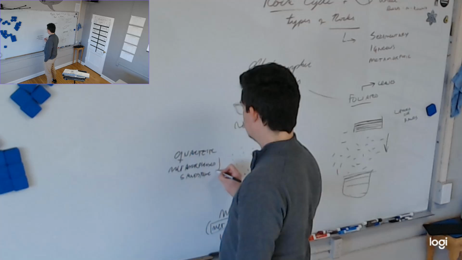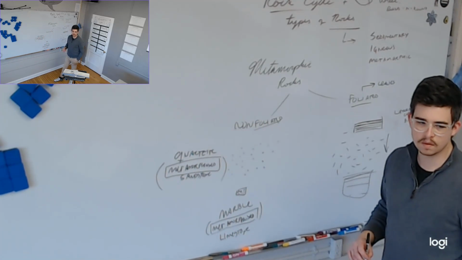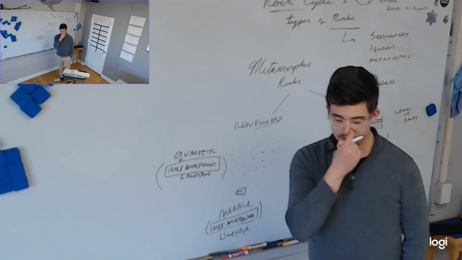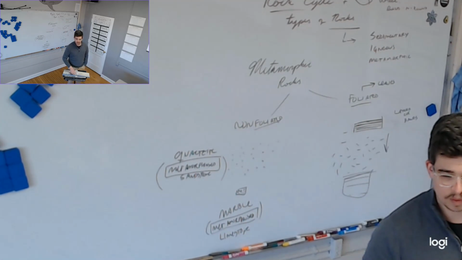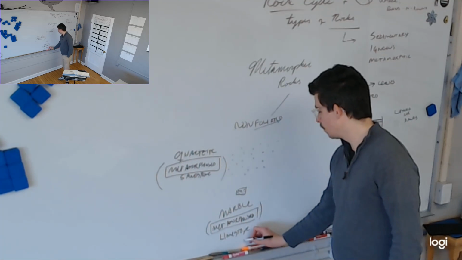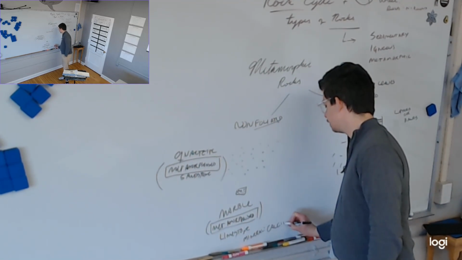What mineral is limestone made out of? Do you remember when we talked about minerals? I'll give you a hint. If we put some vinegar or some hydrochloric acid on limestone, it would bubble. What mineral is it probably made out of? It's calcite.